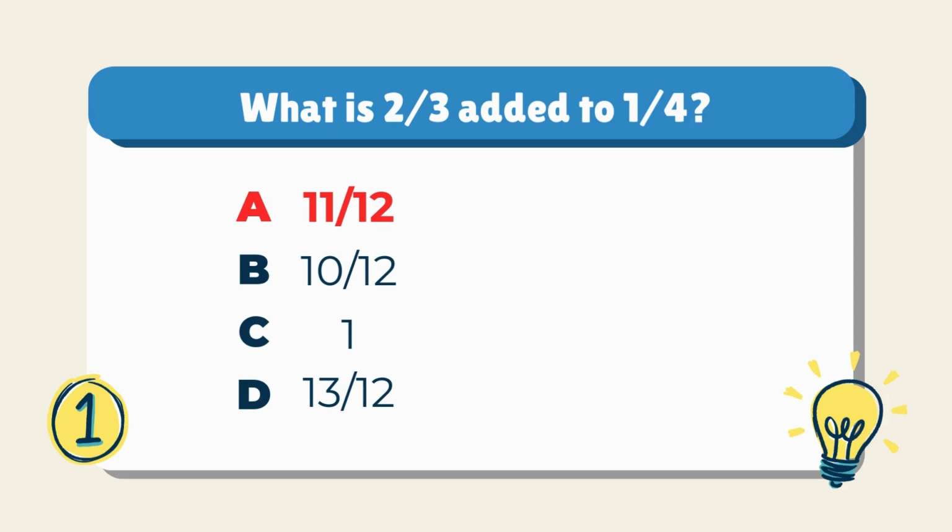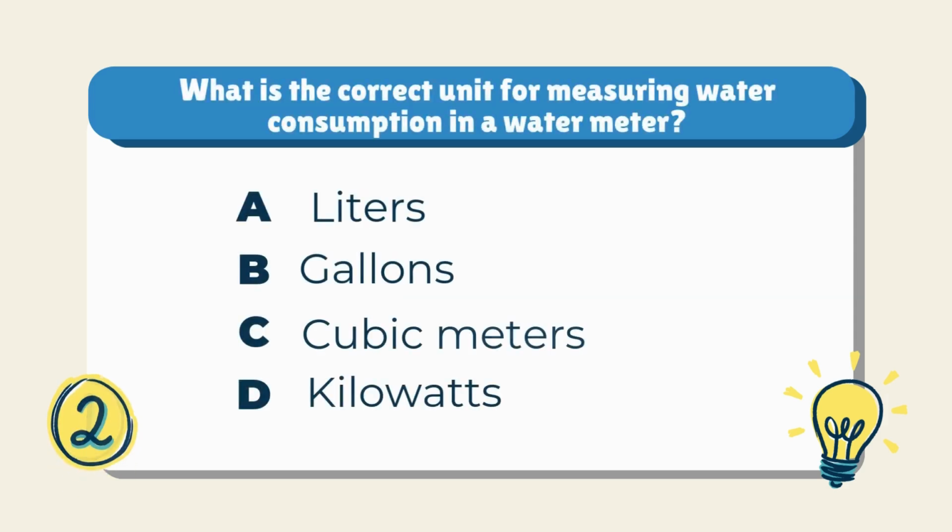11 over 12. Question number 2. What is the correct unit for measuring water consumption in a water meter? A. Liters. B. Gallons. C. Cubic meters. D. Kilowatts.